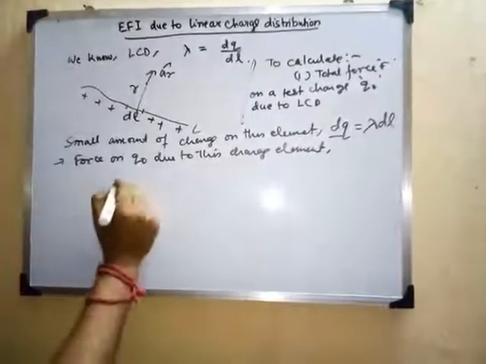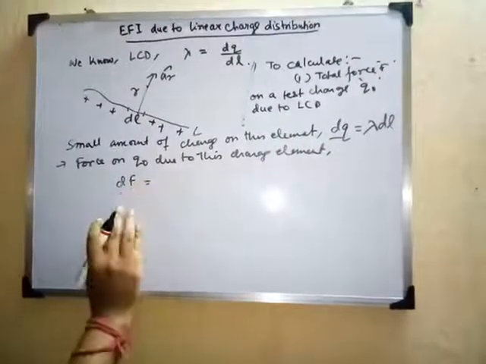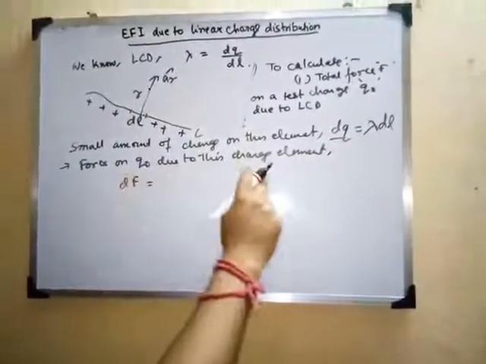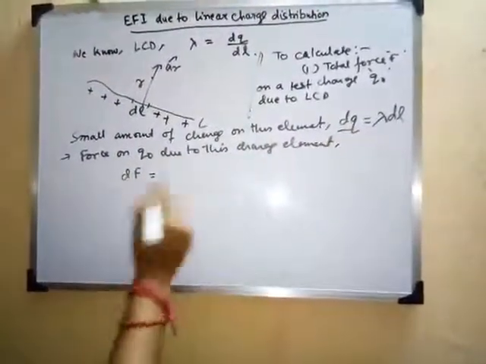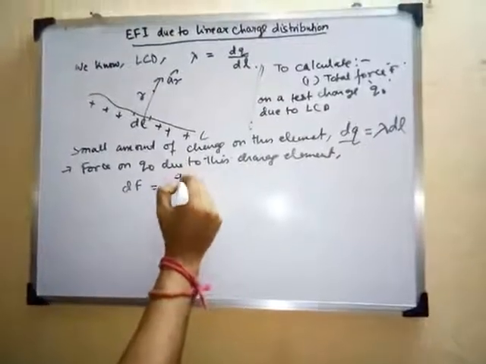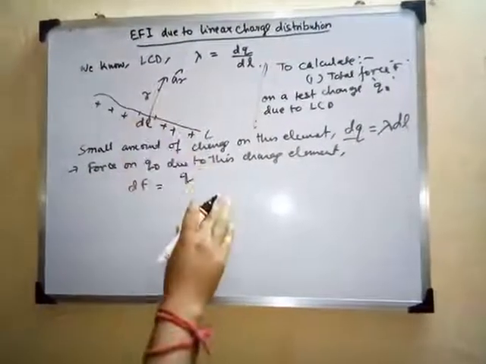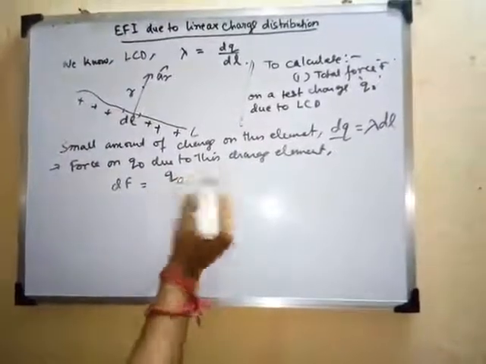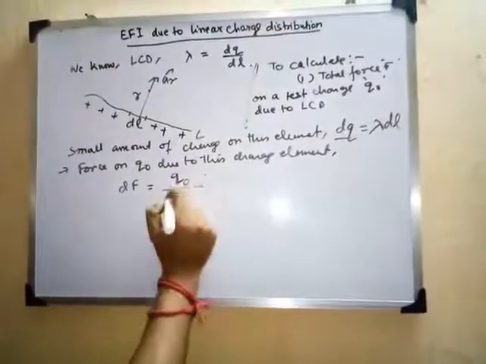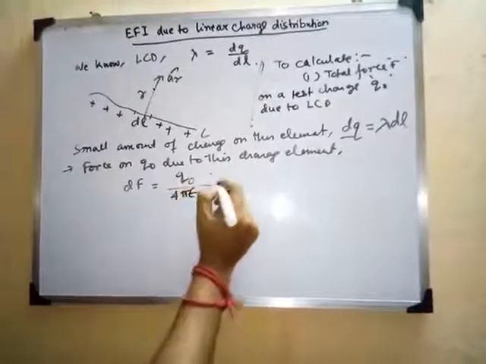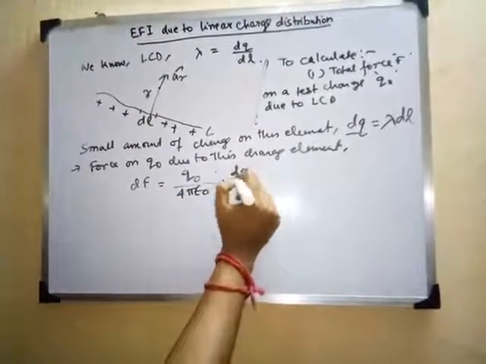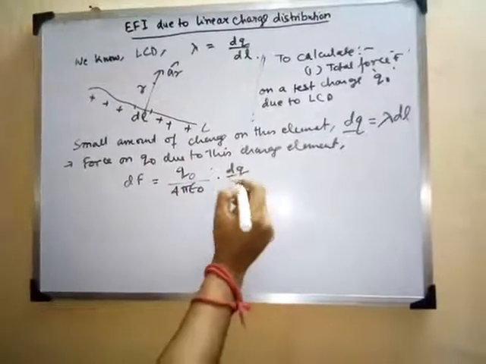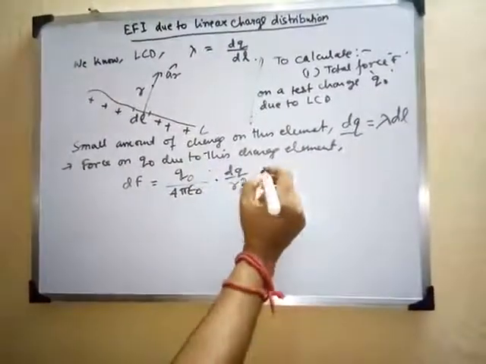So we will have dF as the representation of force on q naught due to this charge element dq, right? So we will simply write this equals, the force will be calculated as per the Coulomb's law that you know. So you can write q naught dq by 4 pi epsilon naught r square. Two charges, one is test charge q naught, other is dq, and they are separated by distance of r, right?